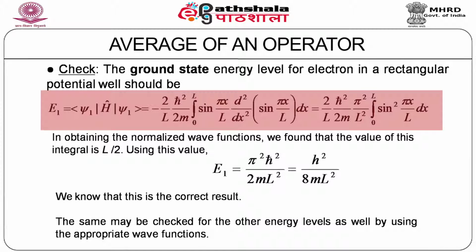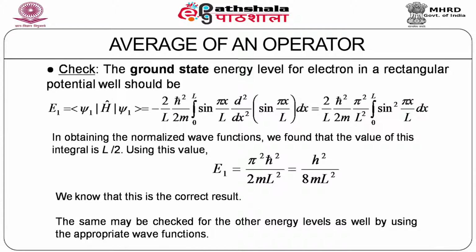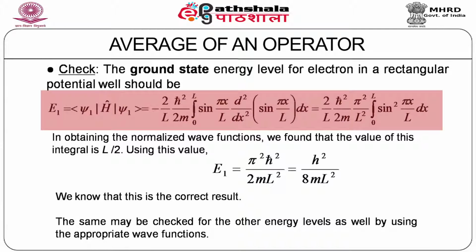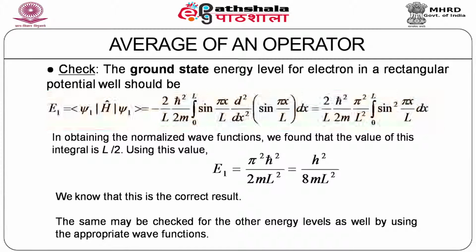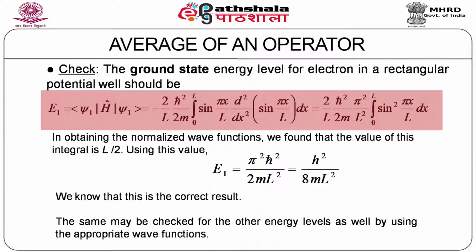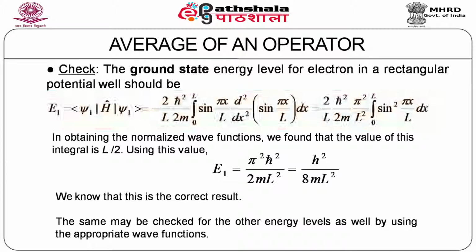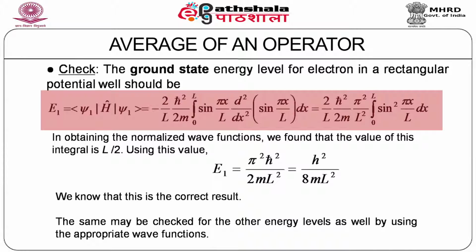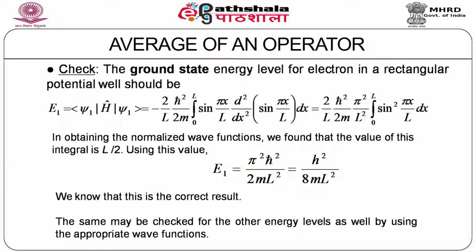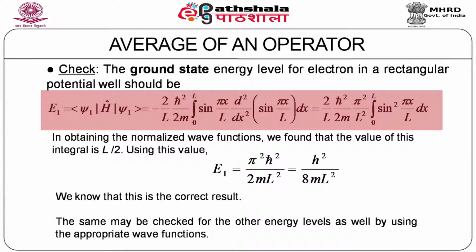And inside you have d square dx square. The differential operator contained in the Hamiltonian will operate only on the wave function written after the operator H. So this wave function is again psi 1, sine pi x by L, putting n equal to 1.